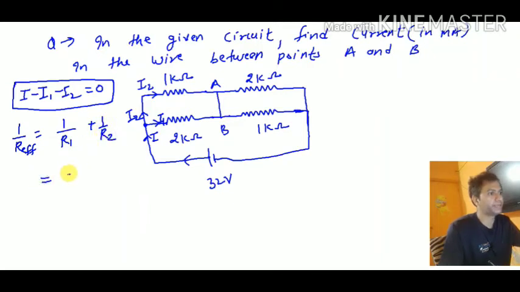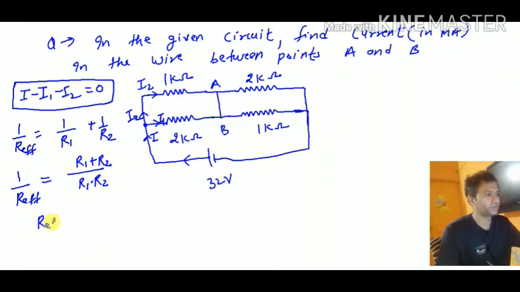So I can write it as R1 plus R2 over R1 into R2. Therefore R effective is R1 into R2 divided by R1 plus R2.